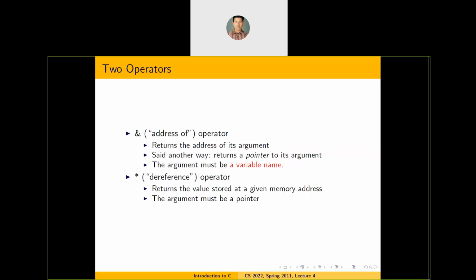The pointer location's contents are considered as the address of another variable, and it will go to the variable it's pointing to, and we access the value, which I explained yesterday with a diagram. We'll see it again later. So the star operator returns the value stored at a given memory address. The argument must be a pointer.